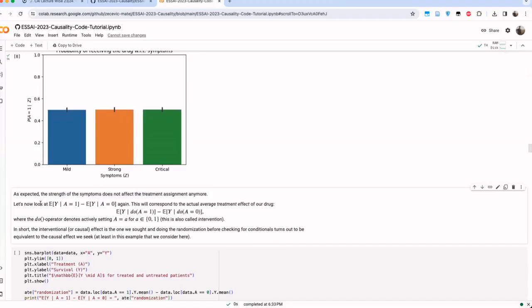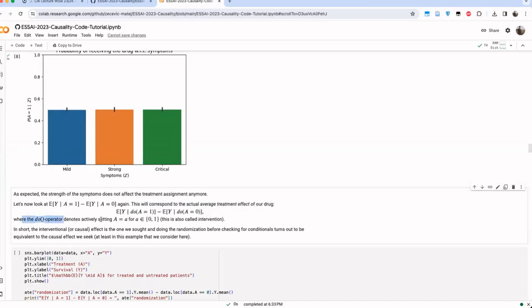So now let's look at this quantity again, right? This conditional group will now correspond to the actual causal average treatment effect, which we typically denote by the do operator, right? Because the A group does not depend anymore on which symptom they have, right?